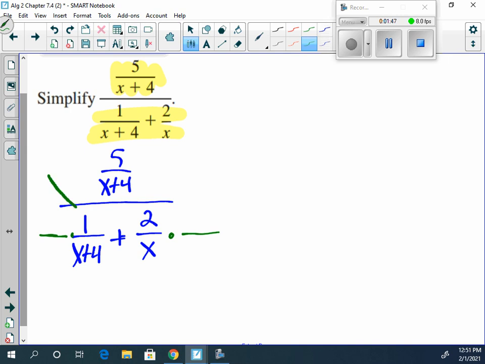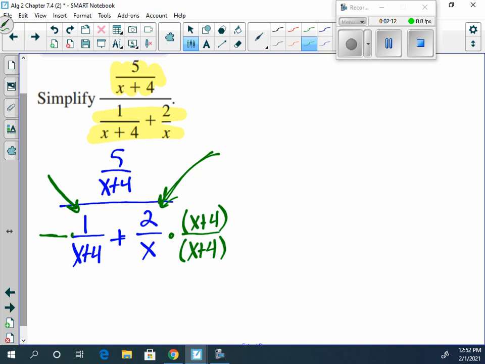The first thing we're doing is looking to see, what does this denominator have that this one doesn't? Well, that would be x plus 4. So we're going to multiply it on top and bottom by x plus 4, so the denominators are going to be the same.